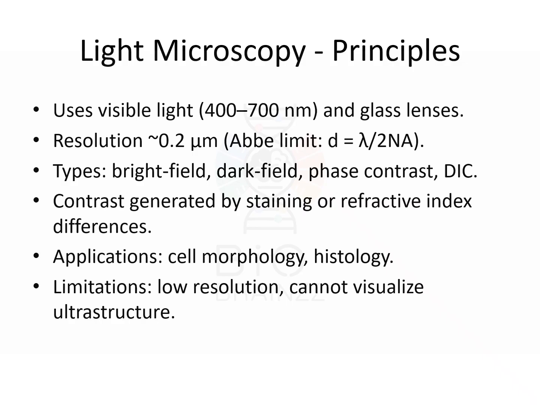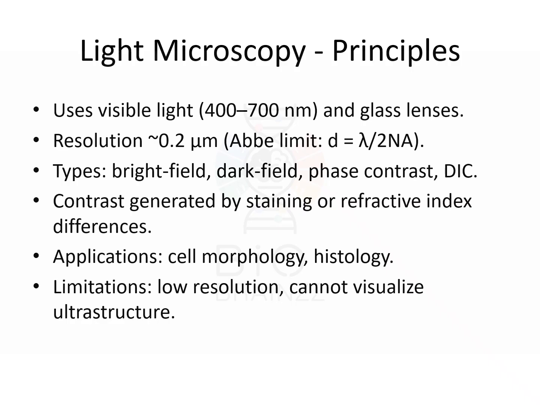Light microscopy is the most basic and commonly used technique in biology. It uses visible light in the range of 400 to 700 nanometers and glass lenses to magnify the sample. The resolution of this microscope is about 0.2 micrometers, which means it cannot see very small structures like viruses clearly.